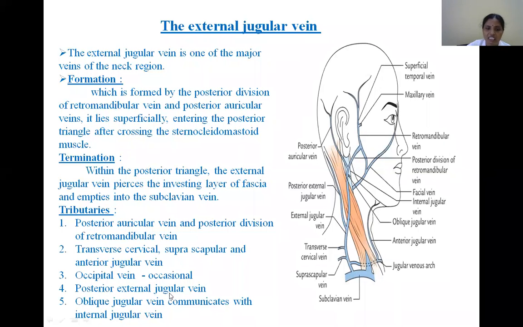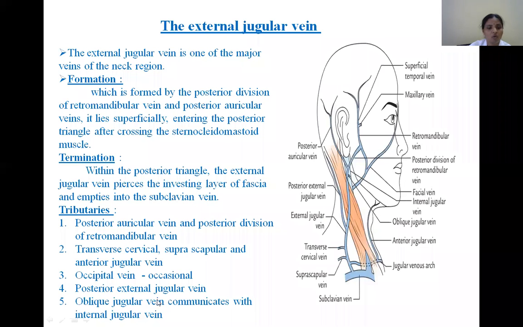Then the posterior external jugular vein, which is occasional. We should not confuse it with the external jugular, because the posterior external jugular runs along the posterior border of the sternocleidomastoid, whereas the external jugular vein crosses the muscle obliquely, right?